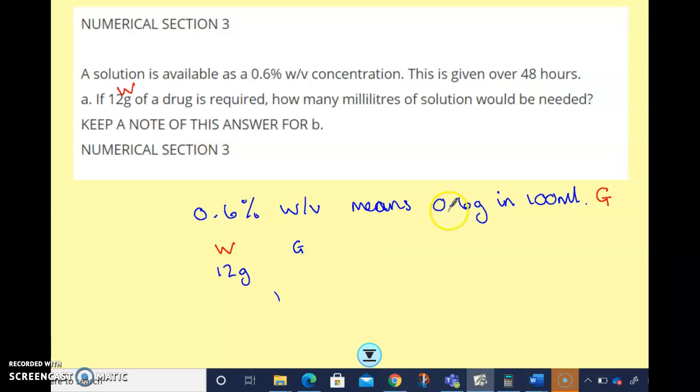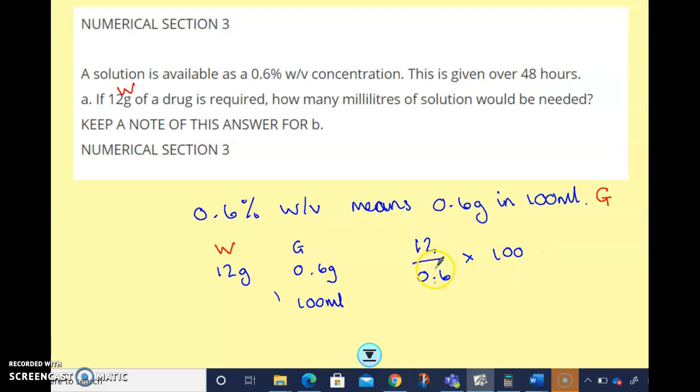I've got 0.6 grams in 100 ml. And I want to work out how many millilitres of solution I need. So I go back to my usual want over got, 12 divided by 0.6 times 100.